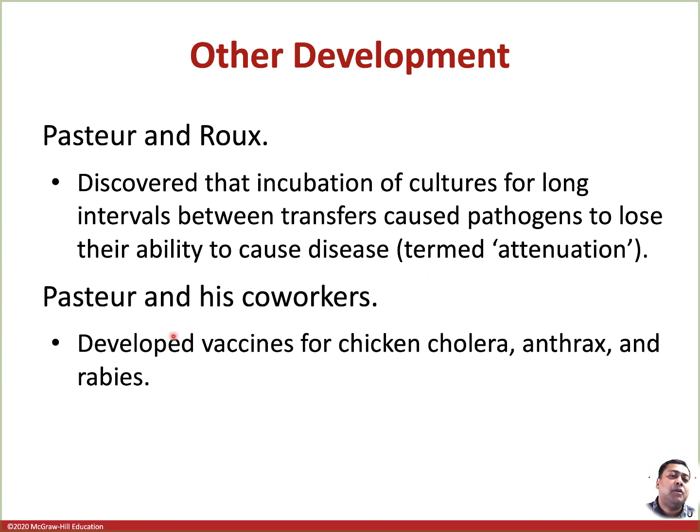Many of these are attributed to Pasteur, and they all relied on attenuation, where the transfers in between the intervals of the cultures attenuated these disease-causing organisms to a level that, although there were of course some risks at that point in time, when injected into a healthy human being will not cause a disease, but will protect them by raising antibodies against those agents, which will protect them in the future.